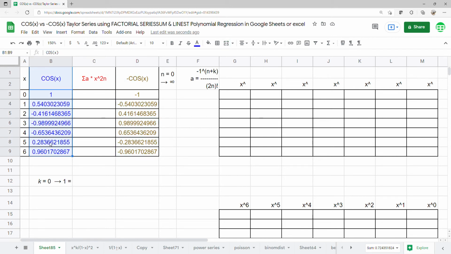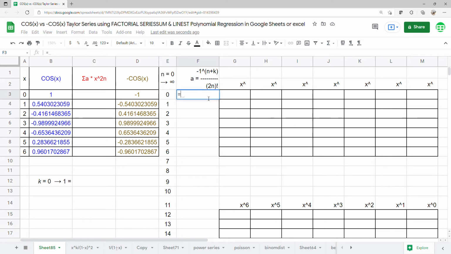Next, we generate the Taylor series expansion of both, which is the summation of a times x to the power 2n, where n is from 0 to infinity. And the coefficient a is equal to negative 1 raised to the power n plus k over factorial 2n.